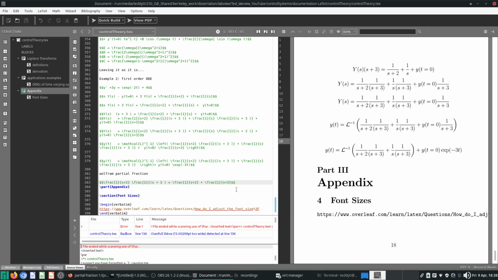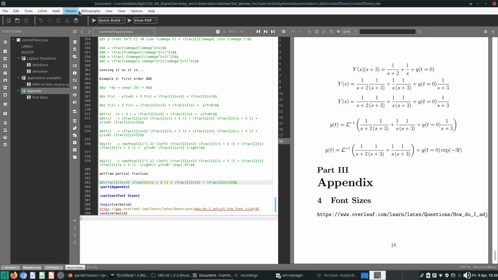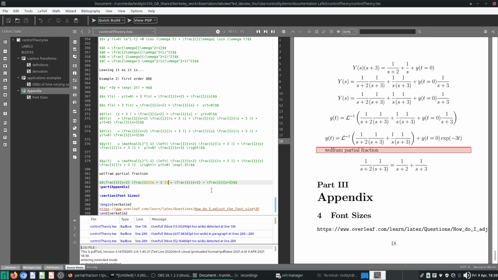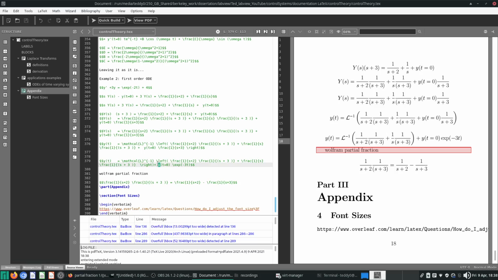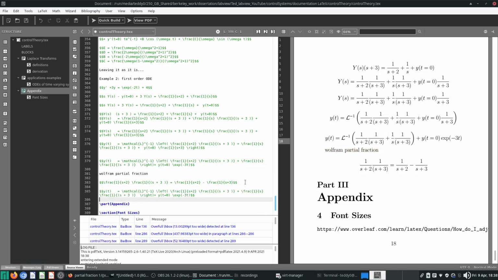Now this one, did I go wrong somewhere? Yeah, I did. There you go. And then there needs to be a minus sign here. Okay, so that inverse Laplace transform is also quite easy.